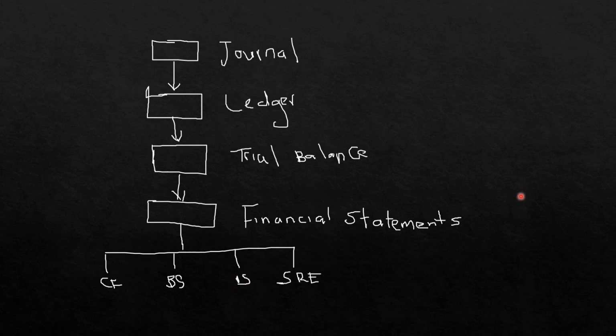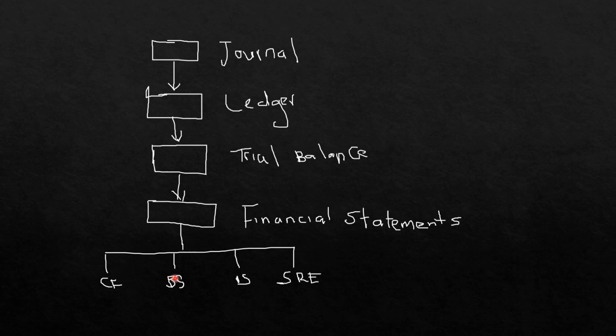The net profit at the end will be negative if you are running a loss. But if you are making a profit, the net profit at the end will have a positive sign. And this one is specifically for the shareholders: statement of retained earnings.